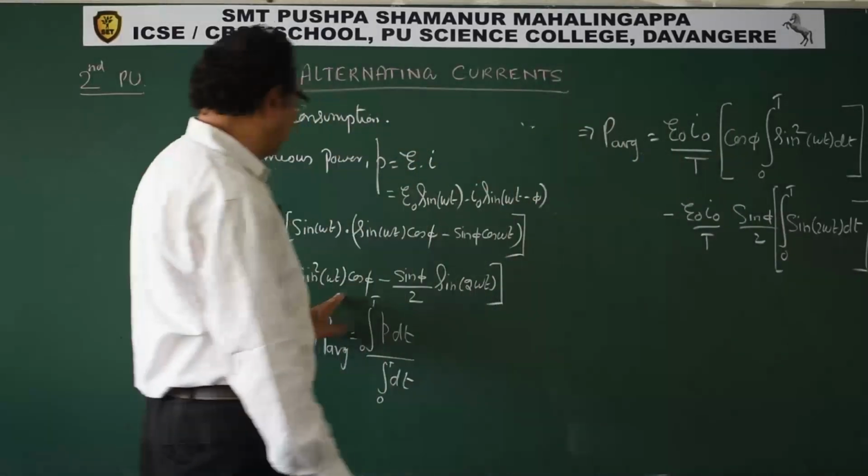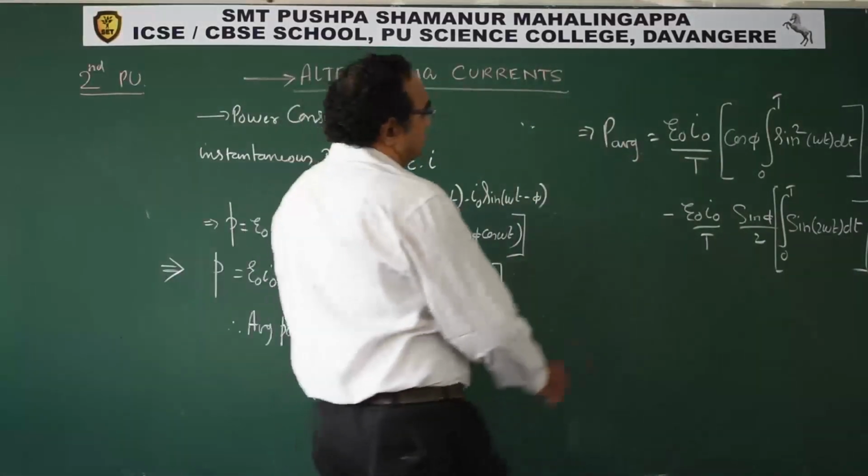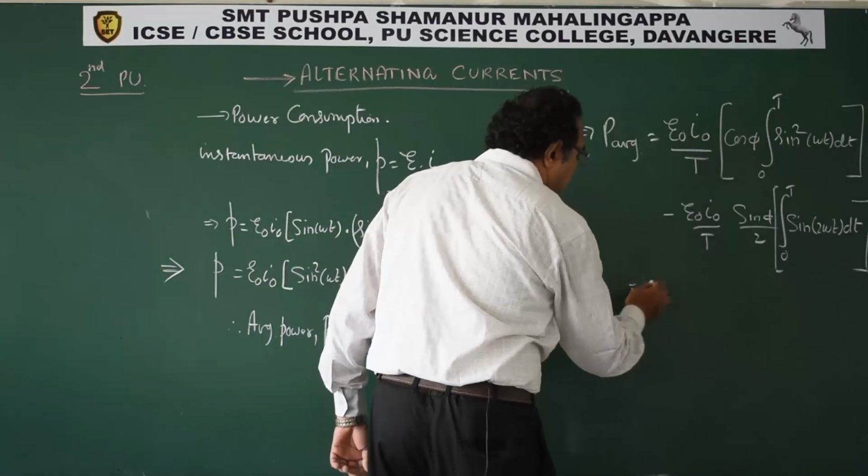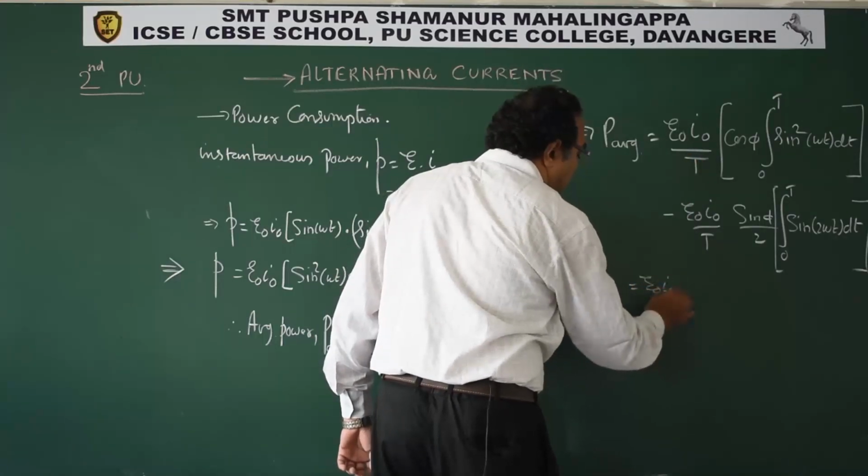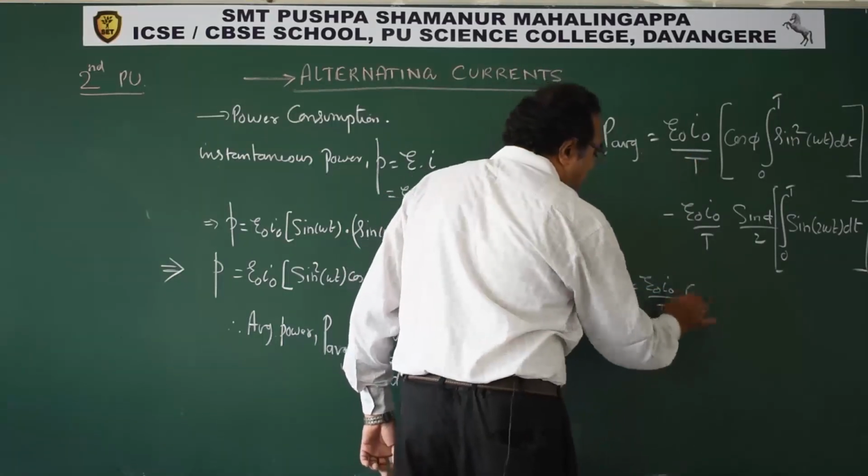Two parts are there. Now what do we get? E naught I naught by T cos phi.